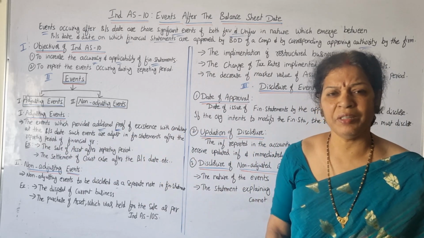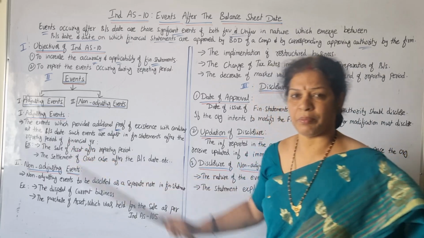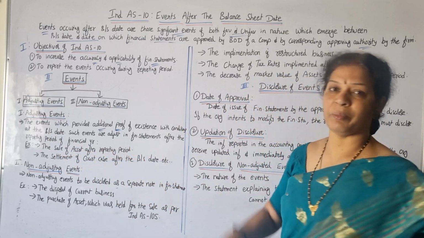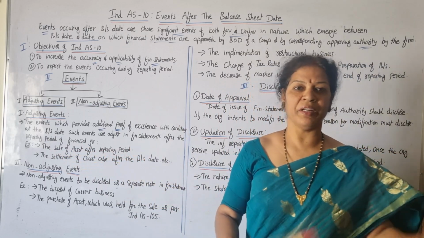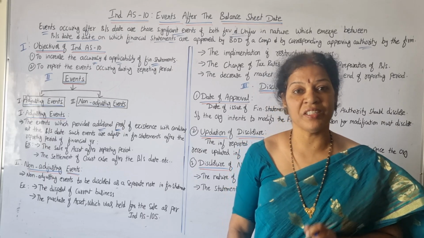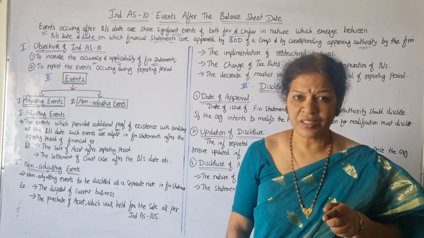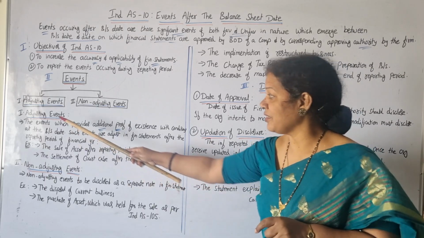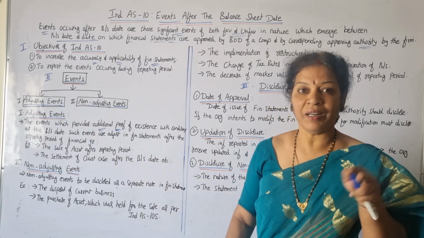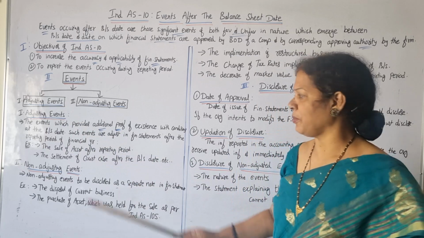What kind of events? A few examples. The first one is the sale of an asset after the reporting period. The reporting period is over, and now we are selling the asset. The sale of the asset occurs, so this can be adjusted. The sale occurred after the reporting period, no problem, we can include it.